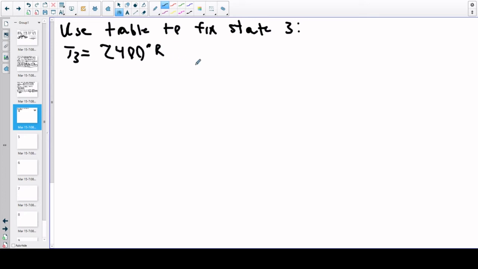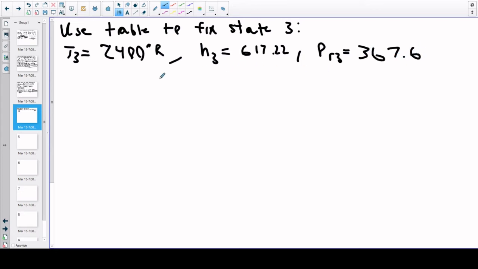And from that we can find our H3, 617.22, and our PR3 to be 367.6.